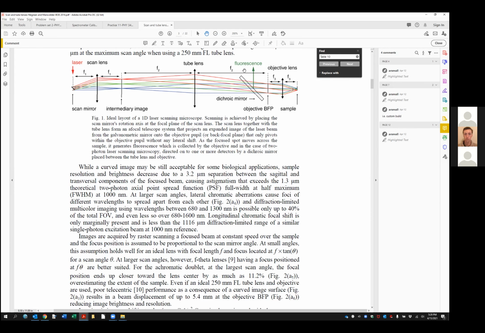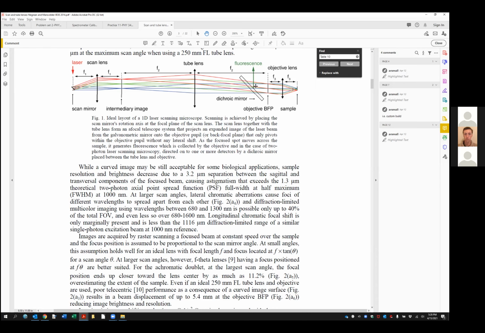Now you might be thinking, all the light that comes back out through the objective lens hits this and gets reflected. Don't we need to focus it? The answer is actually not that much. That may seem weird to say, but because we're going point by point, we know that any light that comes back must be from whatever point we focused on, because everything's nonlinear.